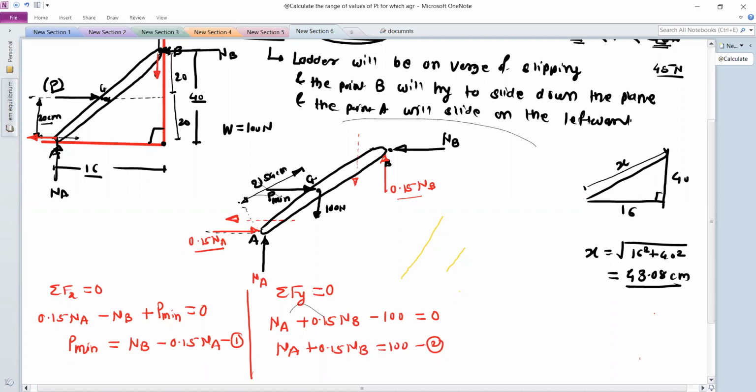Now use the third equation, that is the summation of moment. Summation of moment by all the forces about the point A is equal to 0. To take the moment about the point A, we have to find out the perpendicular distance. If you observe the original diagram, the perpendicular distance for NB is given.